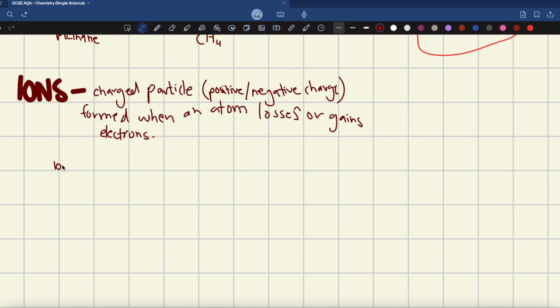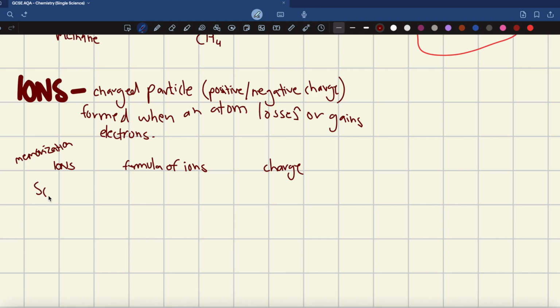Again, there are some things that you need to memorize. This table is also for memorization: your ions, the formula of the ion, and the electric charge. These you need to remember by heart.